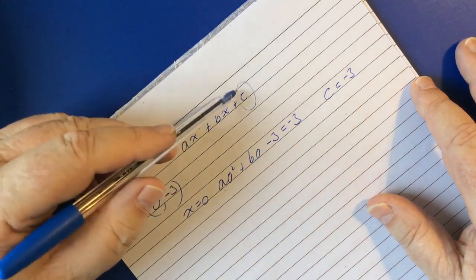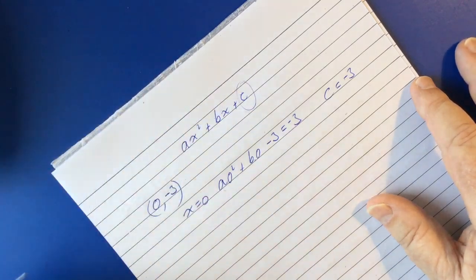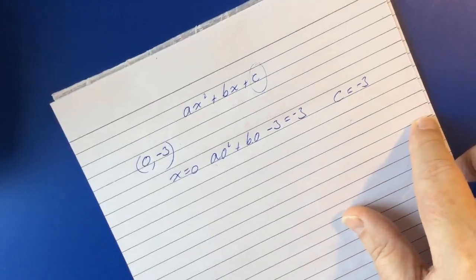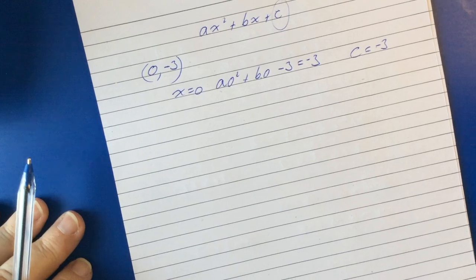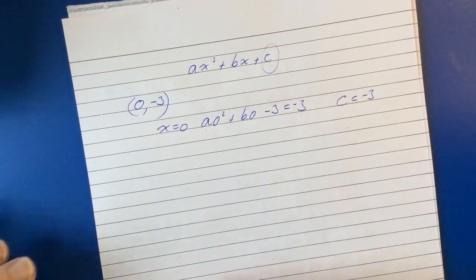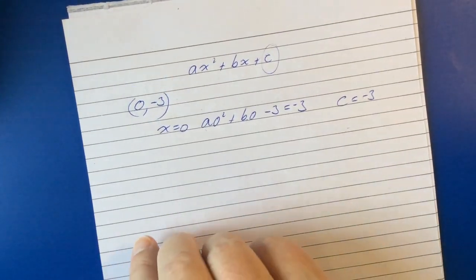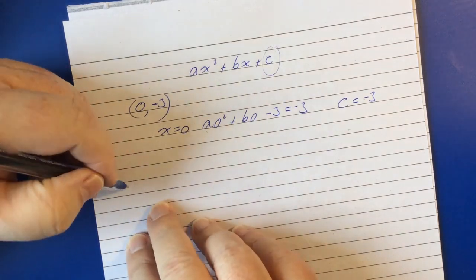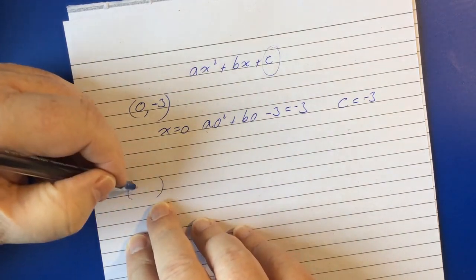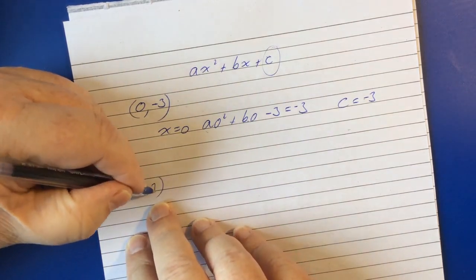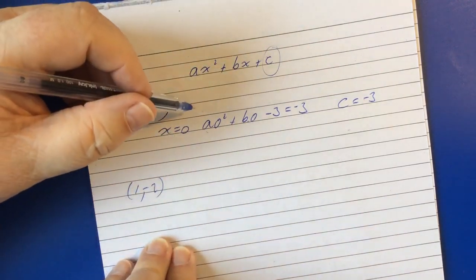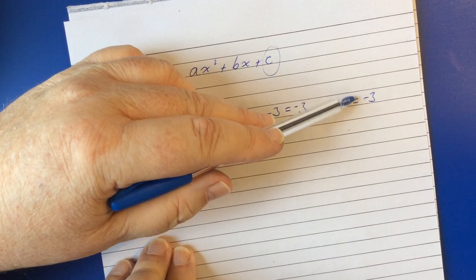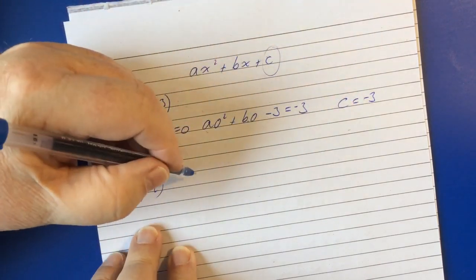So we're still going to be using this structure here, and I'll just straighten up my page a little bit. What we're going to do is take another one of those sets of points, (1, -2) in this case, and put that into this equation, including c. We know the value of c, so we're going to use that.